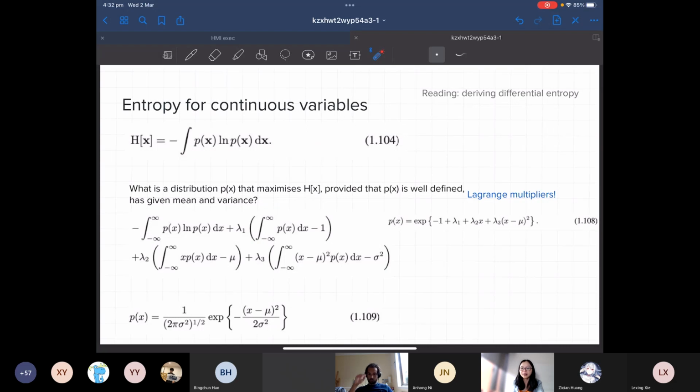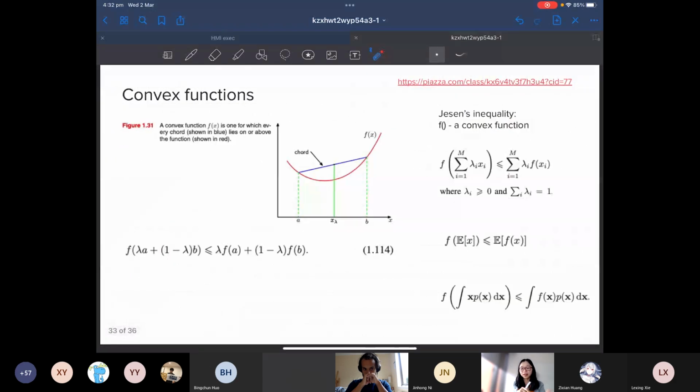The answer is none other than the Gaussian distribution. You can show this without too much difficulty by plugging in Lagrange multipliers that we showed last time around, and also completing the squares for Gaussians. In this case, it's just scalar. Also look at the book for this.